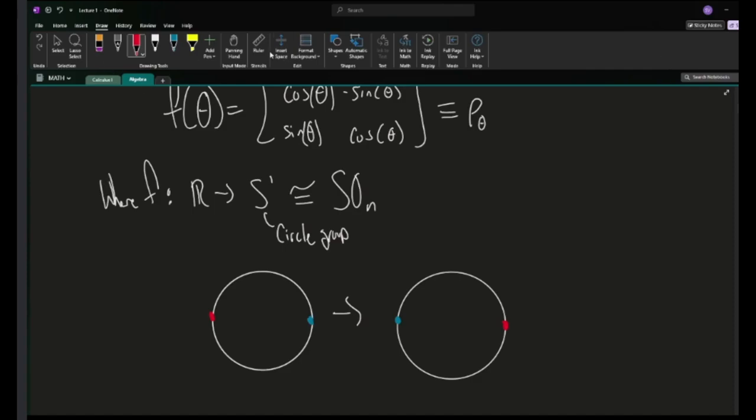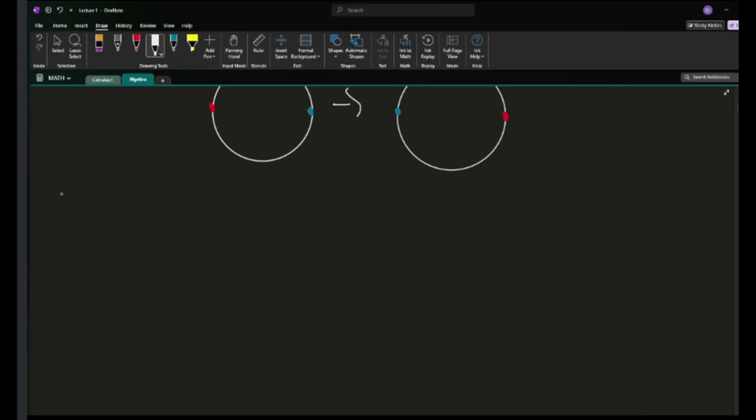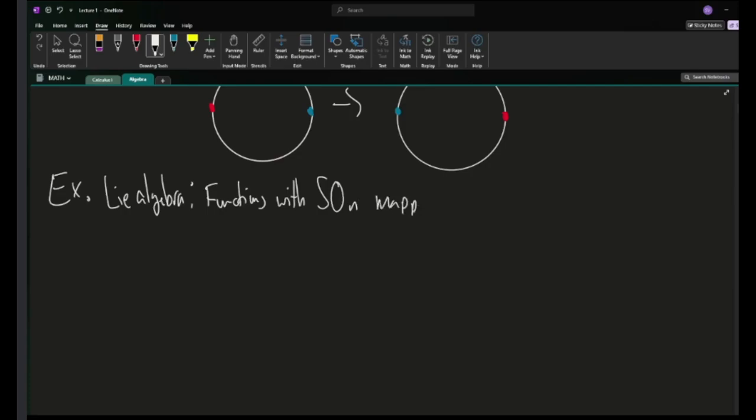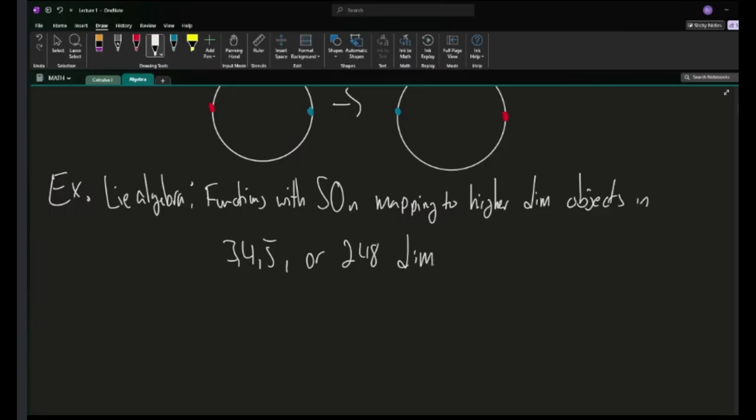Another application here is, if you look into the algebra, you look at the operations, functions with the special orthogonal groups mapping to higher dimensional objects in 3, 4, 5, or 248-dimensional polytopes.